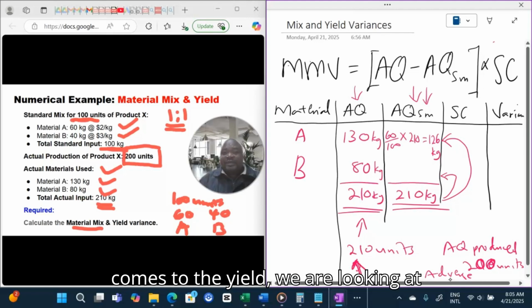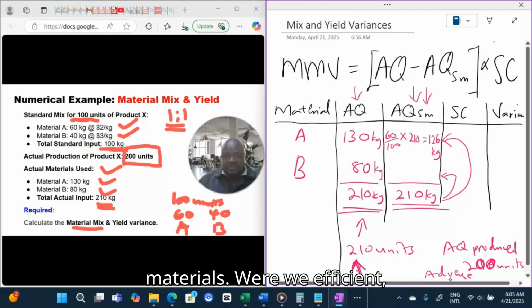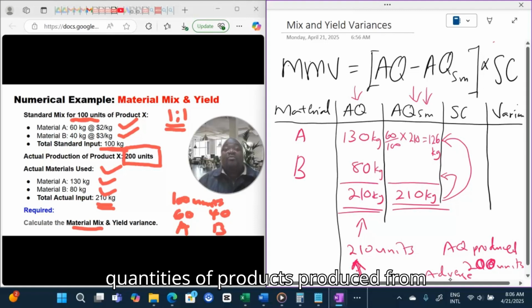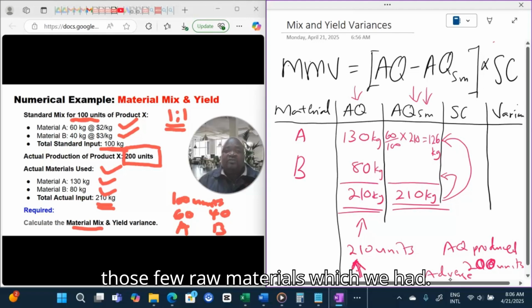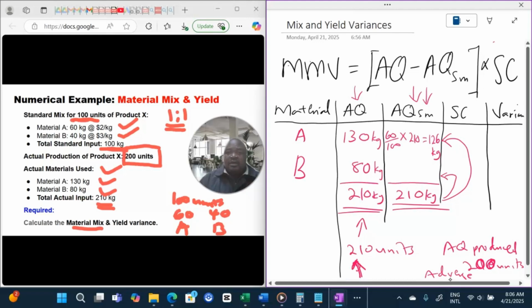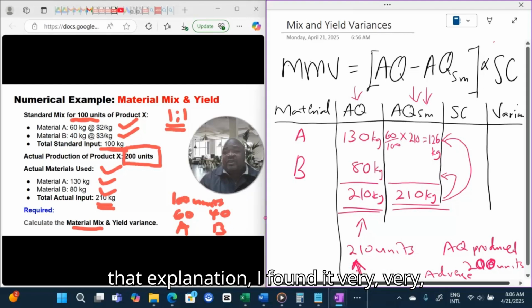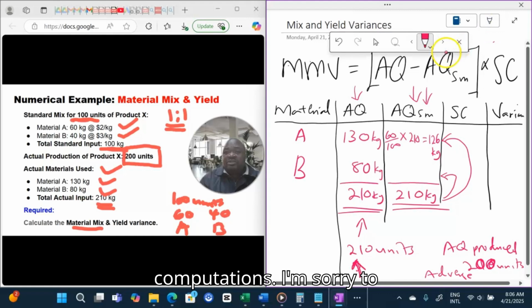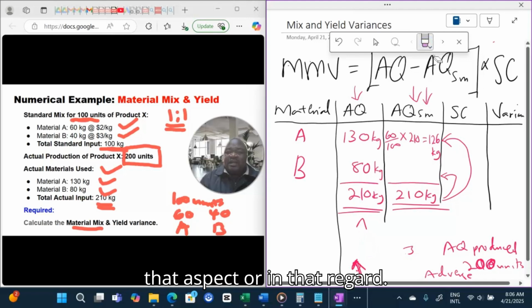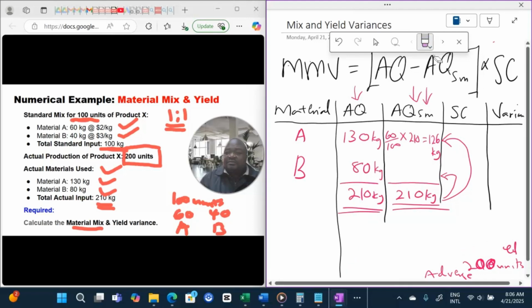But when it comes to the yield, we are looking at the efficiency in the use of the materials. Were we efficient? Because we'll be looking at the quantities of products produced from those raw materials which we had. I found that explanation very necessary as we do our computations. I'm sorry to eat your time in that regard.